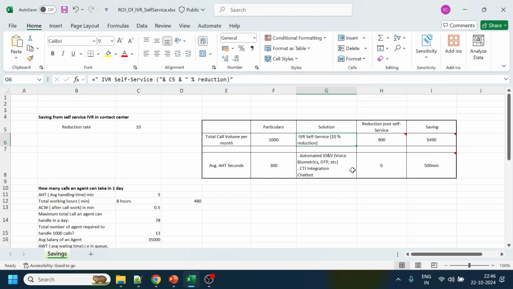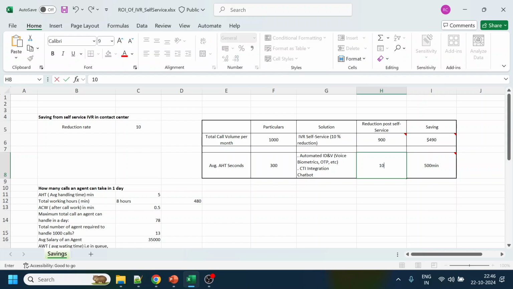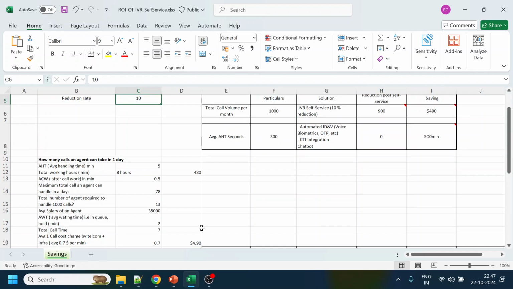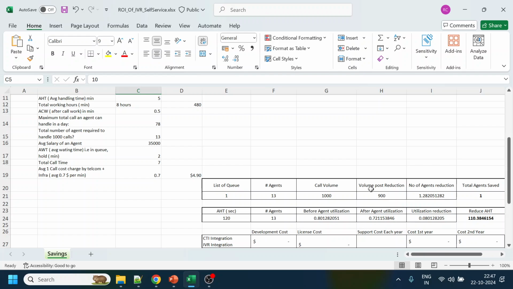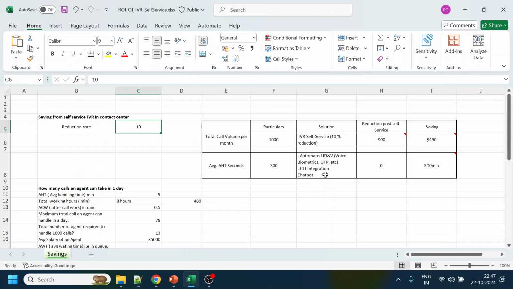All this information helps the agent reduce speaking to the customer and can be calculated over here. Right now I have given 0. If you give, let's say, 10, calls get reflected, so it will increase your whole calculation. It is all mapped to these parameters, and the rest of the calculation goes automatically.